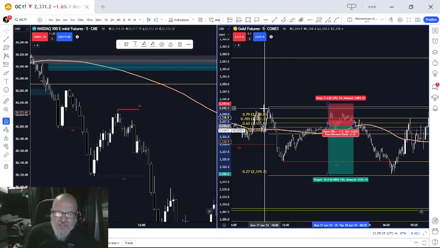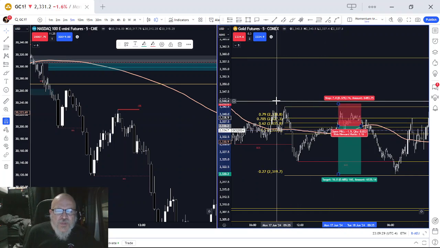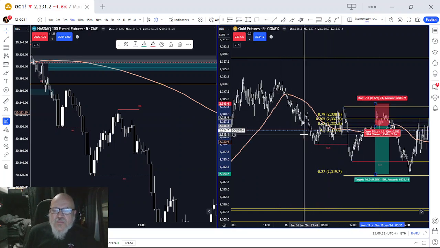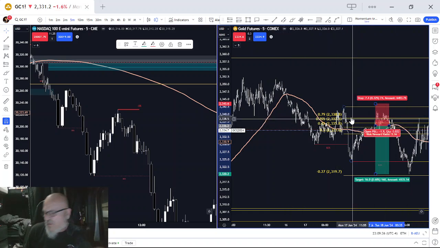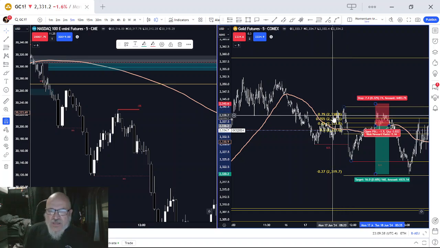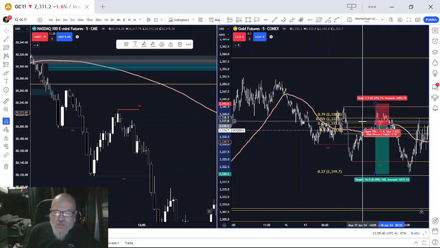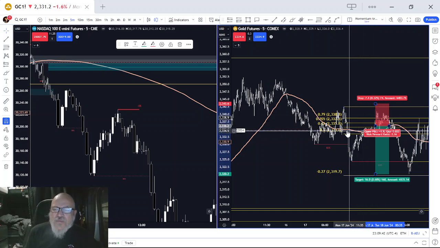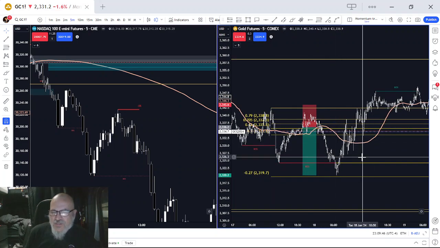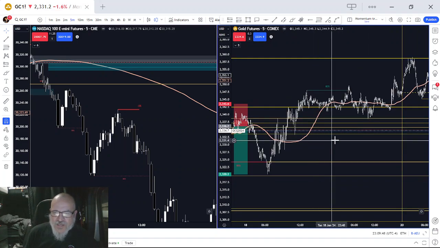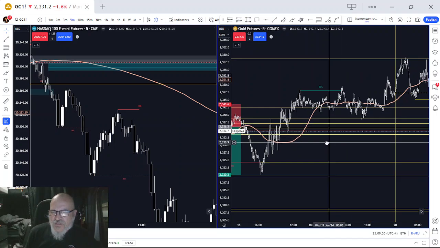I just don't trust the Asian session enough, even though this one worked out. But that's the main thing I want you guys to see: this doesn't have to be pre-market New York or at the New York Open. It can be anywhere. I mean, it can show up in Asia. It can show up in London session. It can show up anywhere.